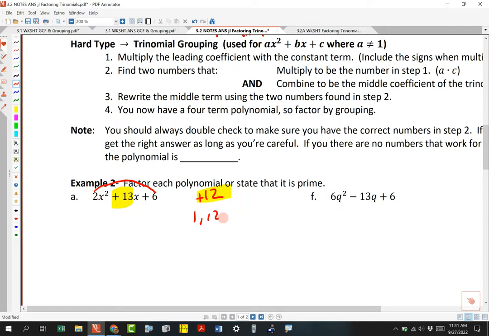Yes. If you can find answers to that riddle, you are guaranteed that as long as you don't make any silly mistakes, number one, this is not prime. It will factor, and you're going to get the factors right. So here's how it works. We're going to take this, and we're going to rewrite that middle term using those two numbers. 2x squared plus 1x plus 12x plus 6.